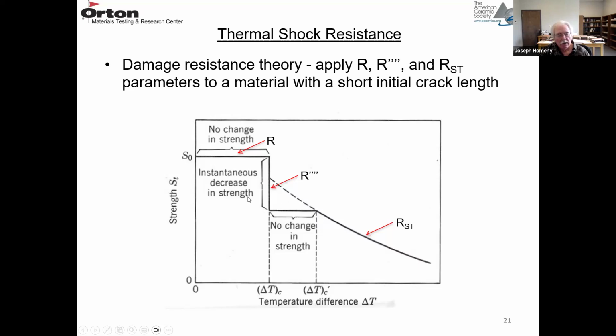So ideally, in a refractory material, we don't want to see this decrease in strength. We can really ignore the R parameter, and for R4 prime and RST, we really want this gradual strength loss curve to shift up to this point here, so that we just have a gradual strength loss as we increase the thermal shock severity, that we increase the delta T.